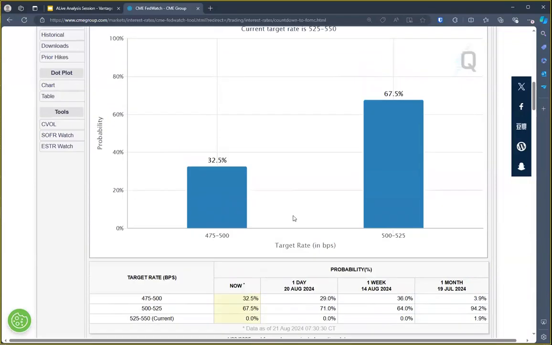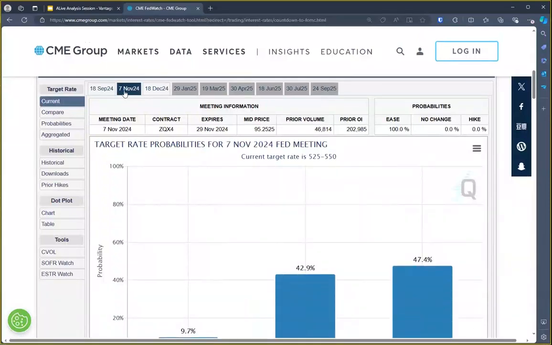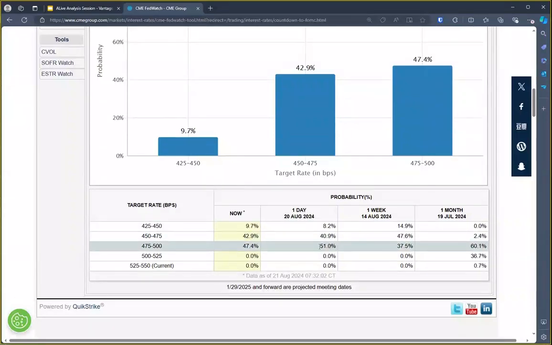Okay, so this is 18th of September, right? Again, next FOMC minutes will be somewhere in October, and then FOMC rates will be on the 7th of November. But you can see as well that the 50 basis point cut, right, has been reduced.